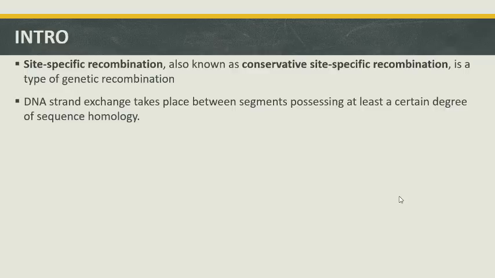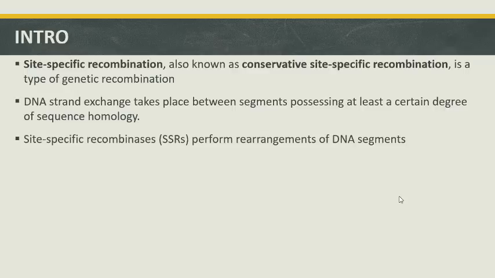However, since it's a recombination, the usual process is that the DNA strands break, then exchange parts, and then rejoin. And similar to general recombination, there must be a certain degree of sequence homology between the two sequences being exchanged.